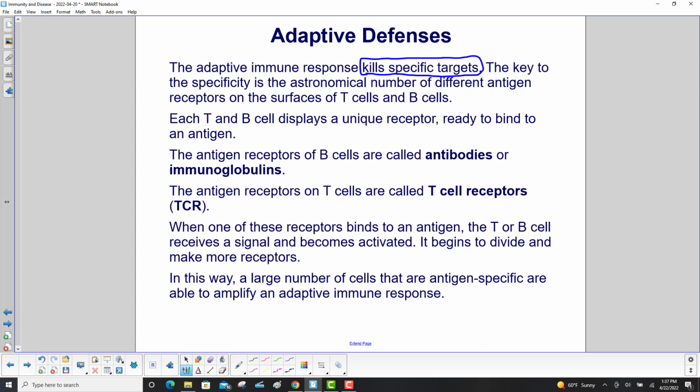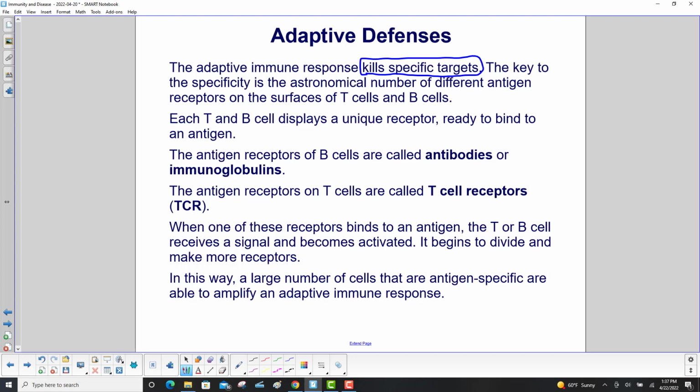The key to the specificity is the astronomical number of different antigen receptors on the surfaces of T cells and B cells. Each T and B cell displays a unique receptor ready to bind to an antigen. The antigen receptors of B cells are called antibodies or immunoglobulins. The antigen receptors on T cells are called T cell receptors or TCR.